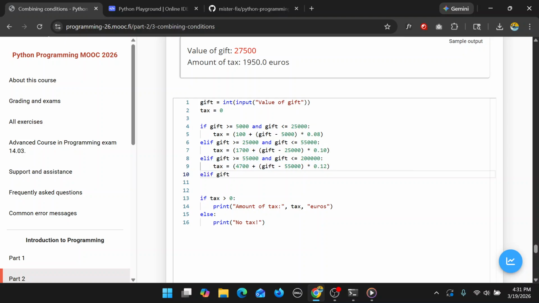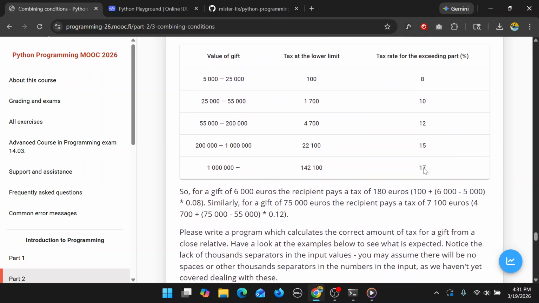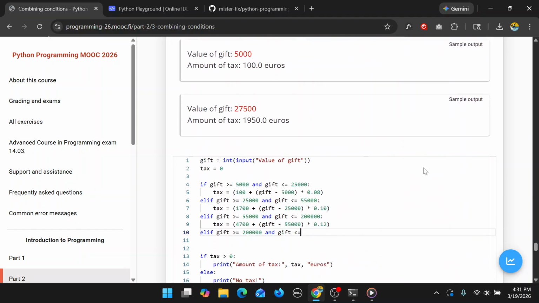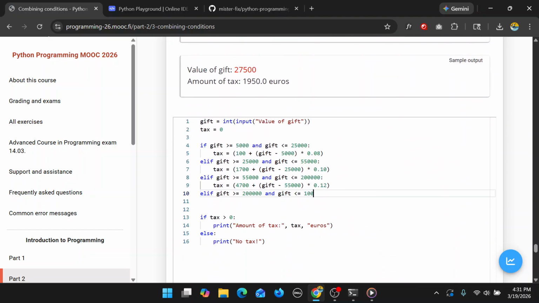Then we're going to do else if gift is greater than 200,000 but less than 1 million euros. So 1, 1, 2, 3, 6 zeros.